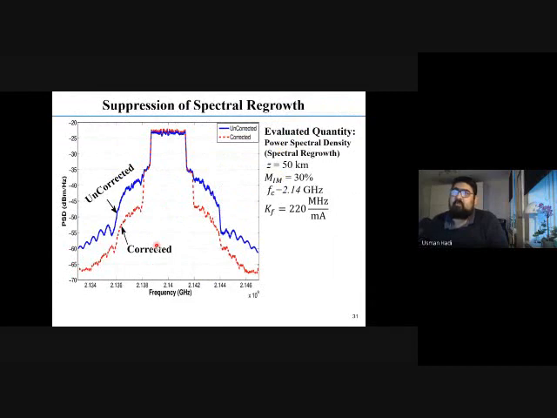But it's good to see these results in form of spectral regrowth, which is to see the spectrum of the output, which is the power spectral density, PSD, or spectral regrowth, we call it, and you compare how your uncorrected behaves with respect to the corrected one, the DPD one.